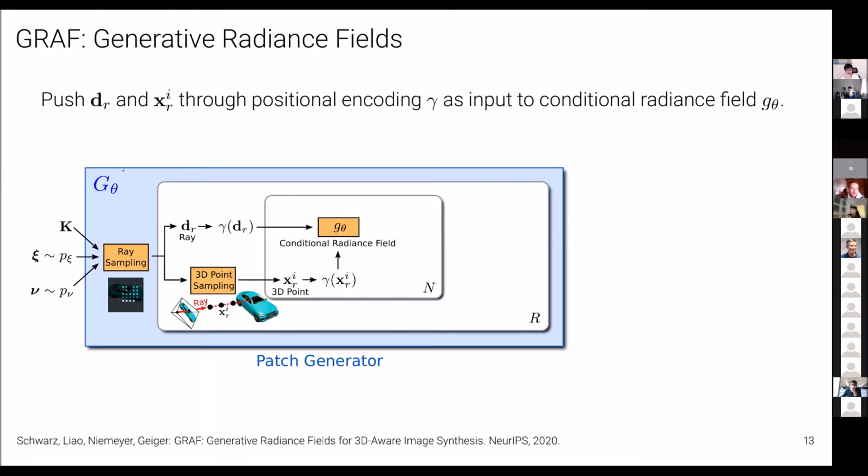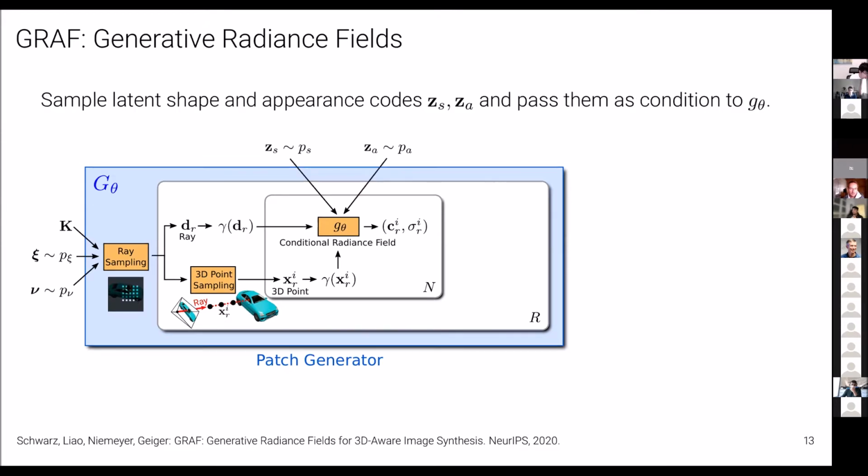And then we pass the view direction and the 3D point through a positional encoding, and use it as an input to what we call the conditional radiance field. And this is a conditional radiance field because it's also conditioned on a latent shape and appearance code, illustrated here, that are sampled from latent low-dimensional Gaussian distributions. So we condition on the shape and appearance as well.